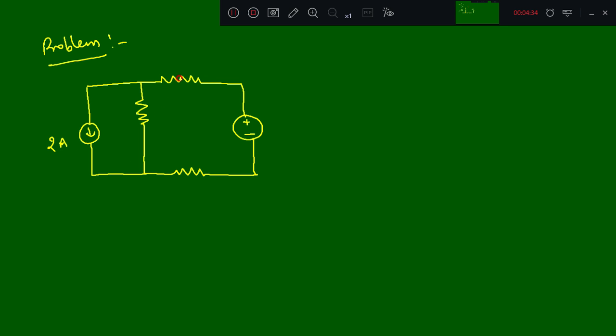The current is given, the resistor values are 4, 2, 3, and this voltage is 55. How much power does the 2A source extract? Power at 2A is the question.